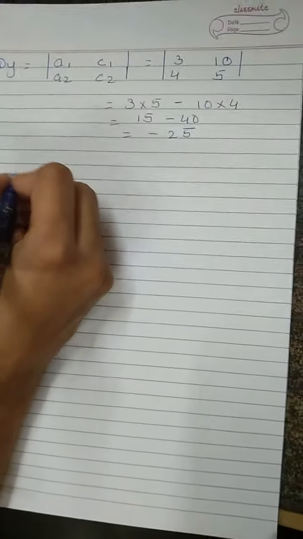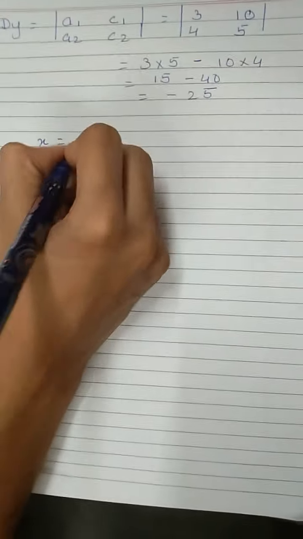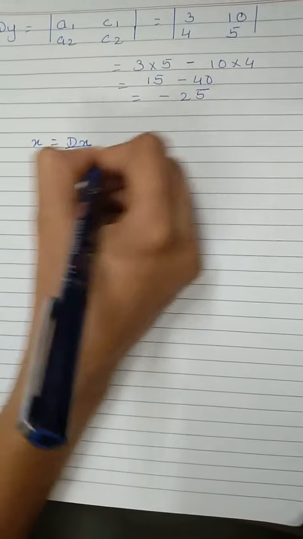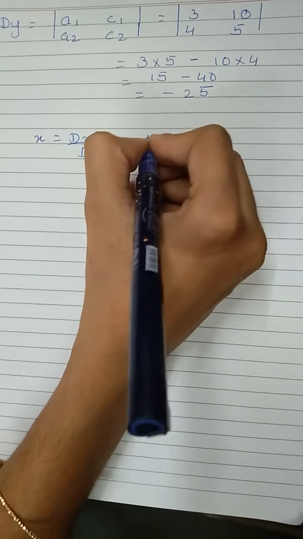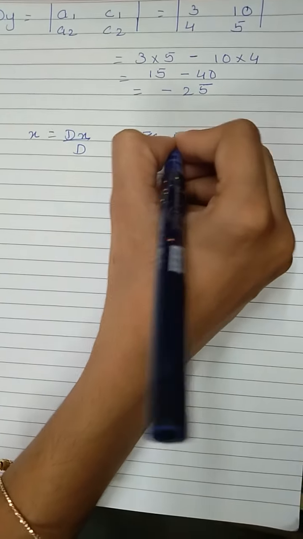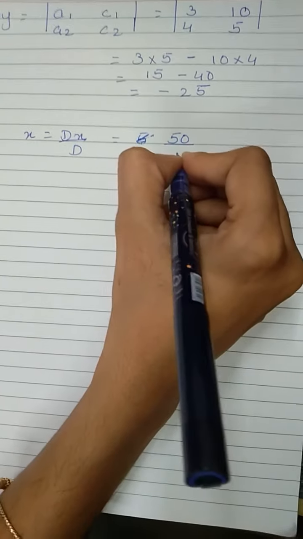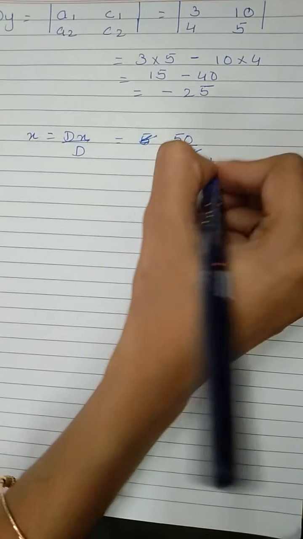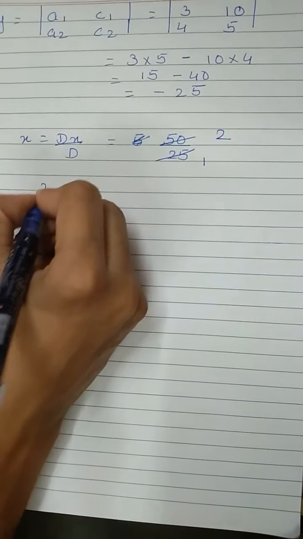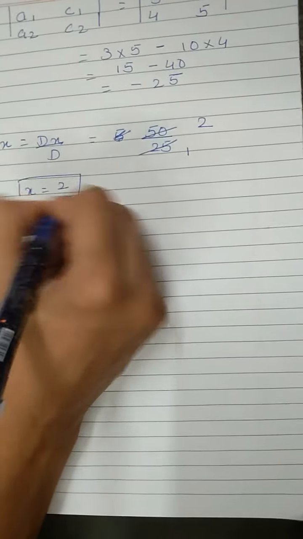Now to find the values of x and y: x is equal to Dx upon D. The value of Dx is 50, the value of D is 25, 25 twos are 50, so x is equal to 2.